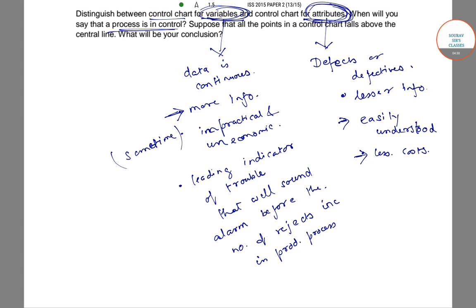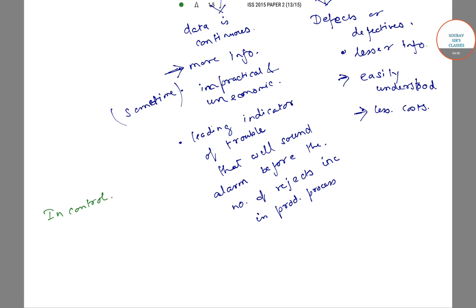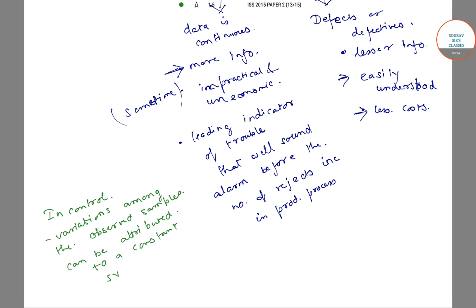In quality control, a process is said to be in control if the variation among the observed samples can be attributed to a constant system of chance causes.